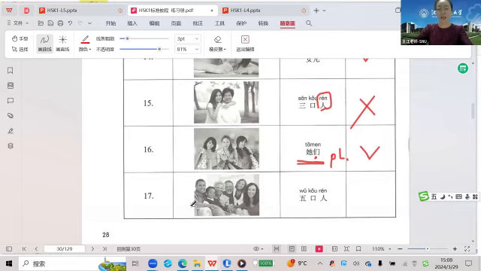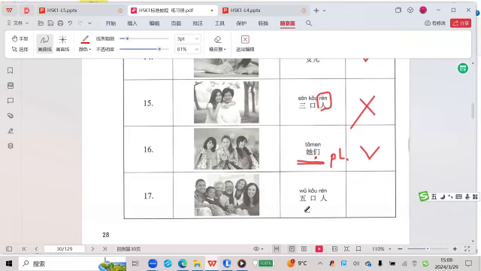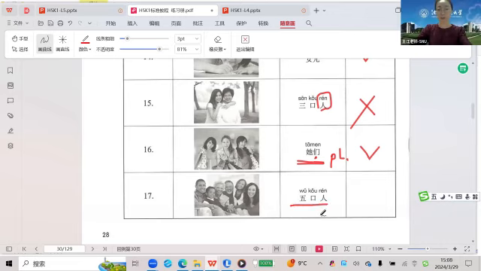Okay, Rabia Noshin. Number 17. Read the phrase, please.